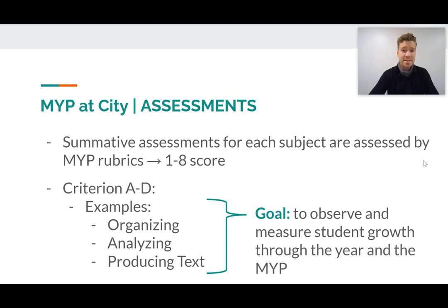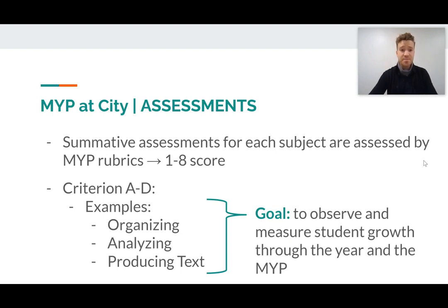Some of the assessments, again, that 0 through 8 score, all IB assessments are graded using rubrics designed by IB. So it gives you a little more nuanced feedback and allows you some information to build your skills further on your next assessment or in your next learning experience. A lot of our assessments are based on certain criteria. And these are like staged intervals of learning and progression down the road of a project.